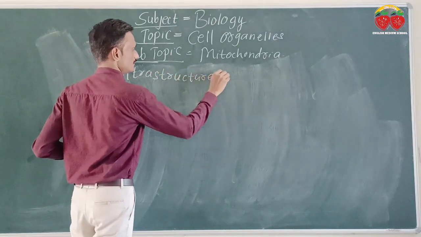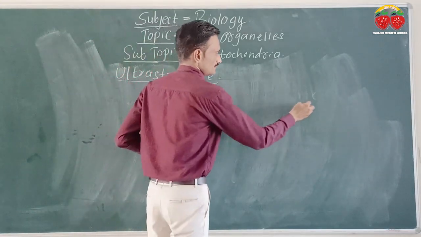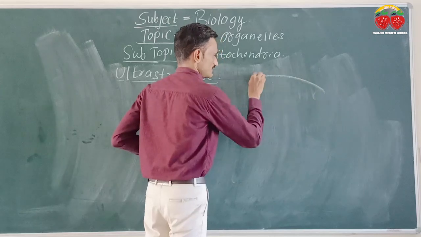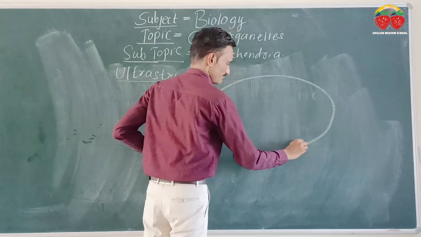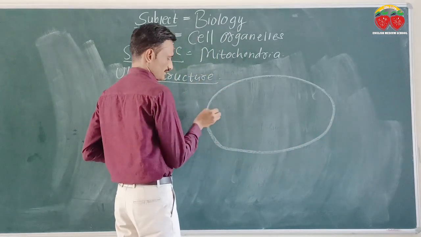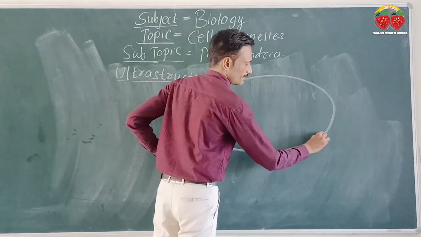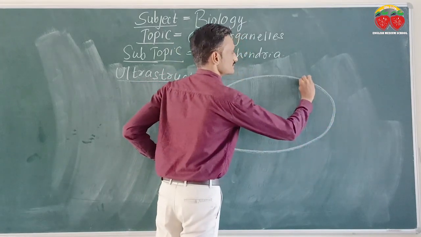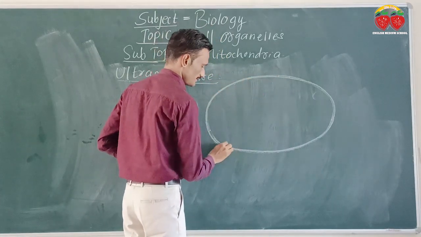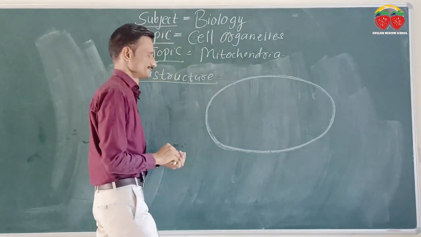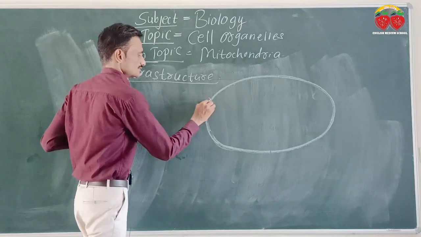Ultrastructure of mitochondria. It has two membranes. In the introductory part also we have discussed, it is a membrane bound cell organelle. This is the outermost membrane, which is highly permeable to a number of metabolites and allows entry of various types of metabolites.